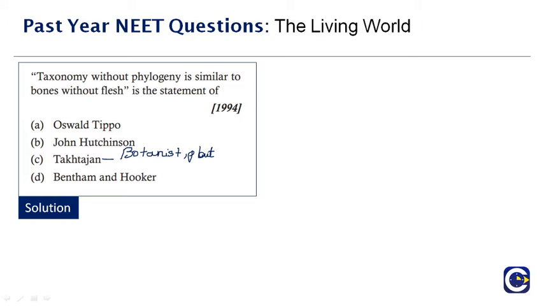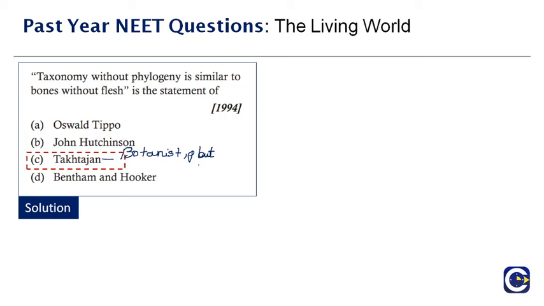His book collections include diversity and classification of flowering plants. So all his work was in plant systematics. So who made this statement was option C. He made this statement saying that taxonomy without phylogeny is similar to bones without flesh.